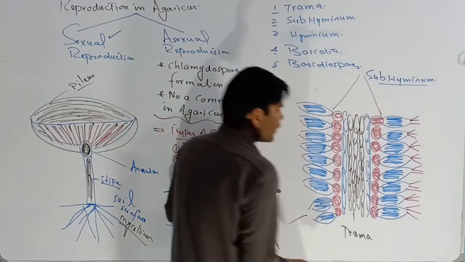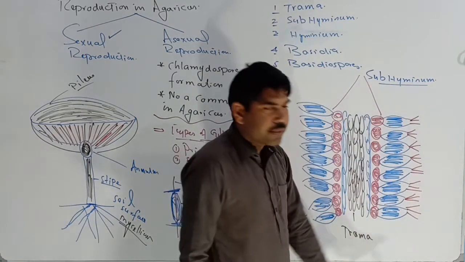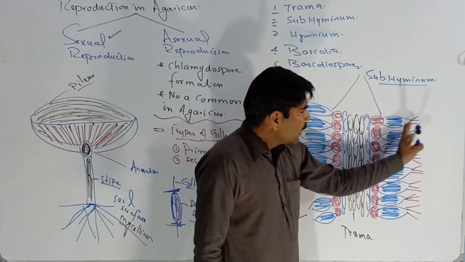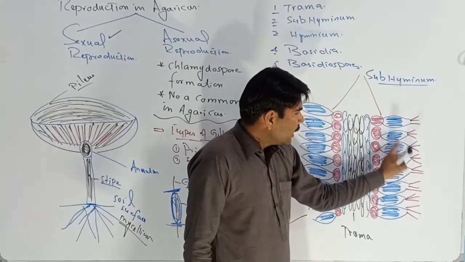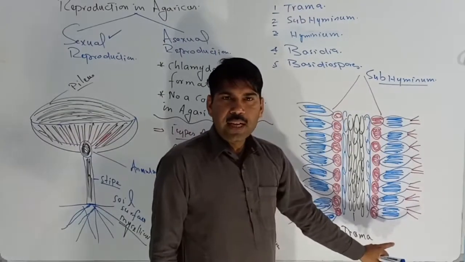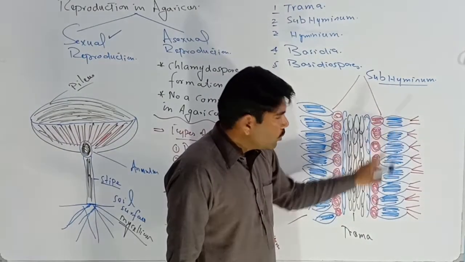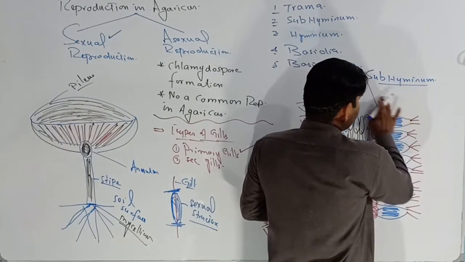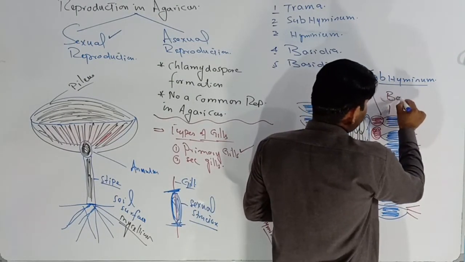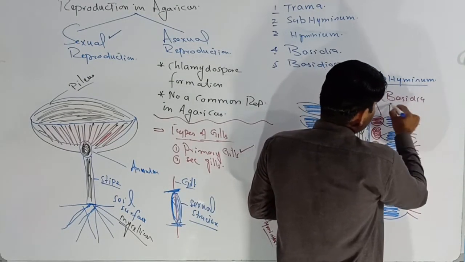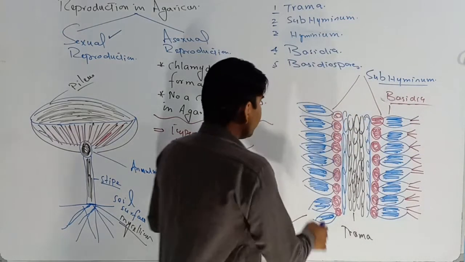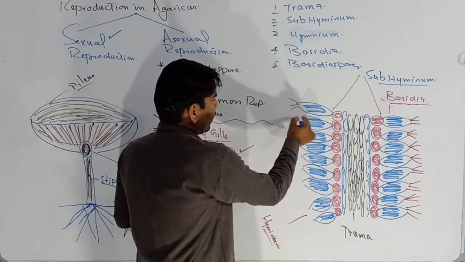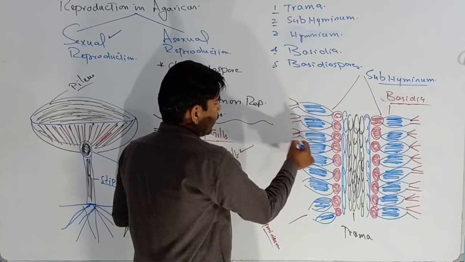Two extensions are produced, and each extension is produced from this layer, and each layer is known as hymenium, and each unit of hymenium is known as basidia.